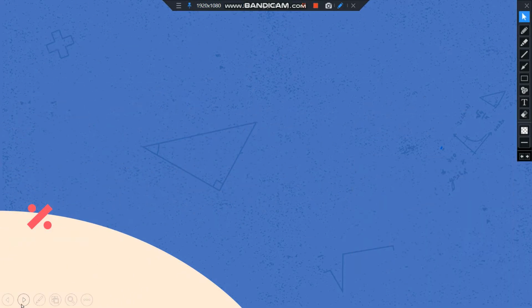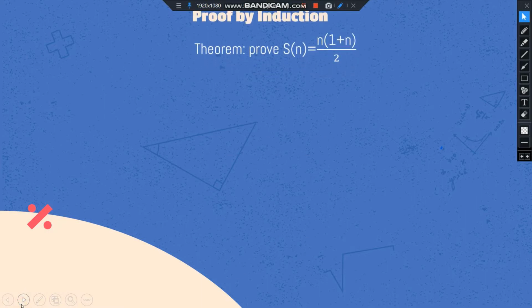The next example we have is from proof by induction. So we have a theorem which is in fact a formula for the sum of an arithmetic sequence. So s of n, which is a function, is equal to n times 1 plus n over 2. So step 1, in proof by induction, we test out that n is equal to 1.